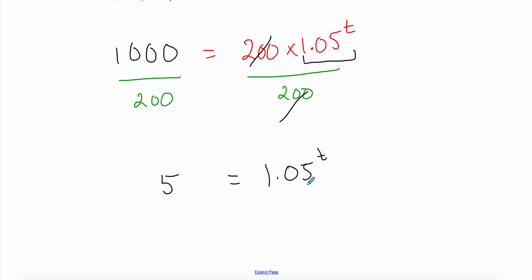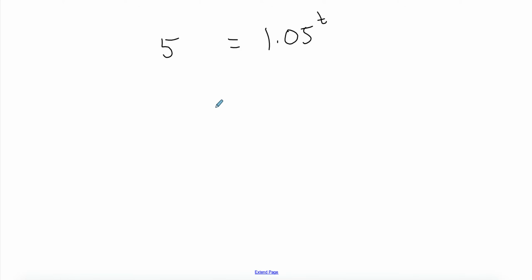Now, if you need to find the value of t, you can't use any straightforward method, and trial and error won't actually work. You're going to take ages to do it. So the best method is to use something called logarithms. And for now, just use it as a fact.